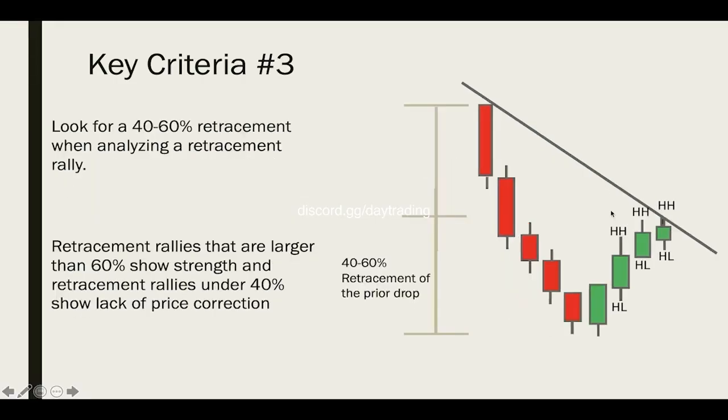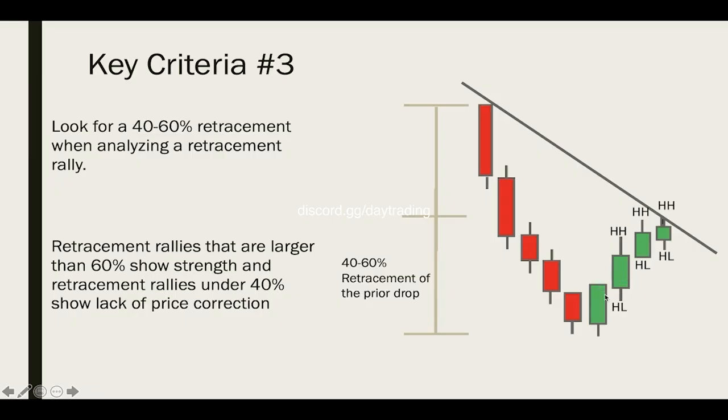Same thing, guys. 40 to 60% retracement. If this retraces too much, then it's clearly too strong, right? We're trying to short. We're looking for weakness. If it rallies all the way up here, then it's clearly not all that weak, because otherwise, if there was really that much selling pressure, the sellers wouldn't allow there to be a retracement to here.